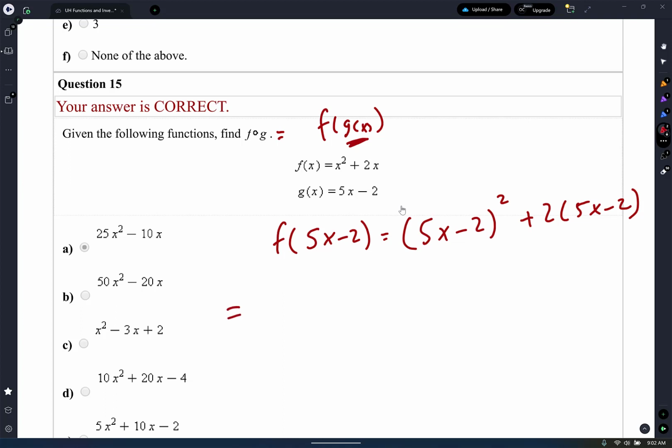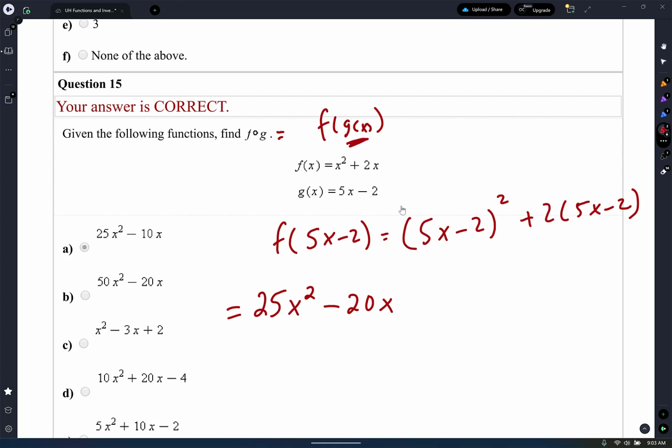Are we ready? What is 5x times 5x? What is it? 25x squared. Good. Then you go 5x times negative 2. What's that? Negative 10x. But how many of those are you going to have? 2 of those. So it's going to be a negative 20x. Good job.